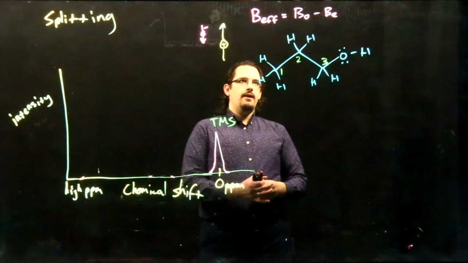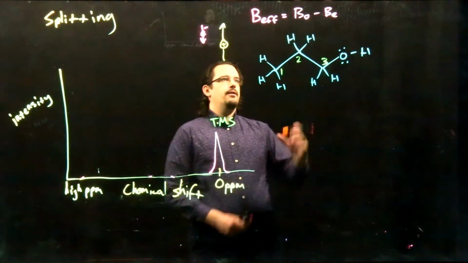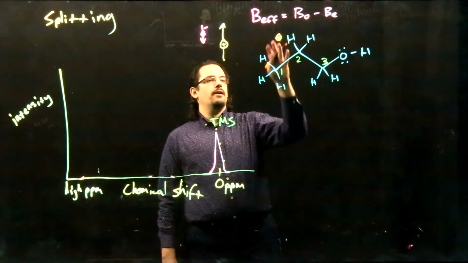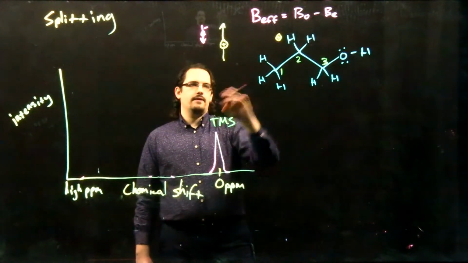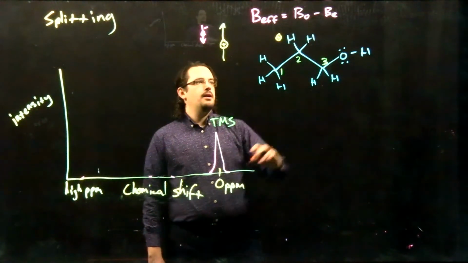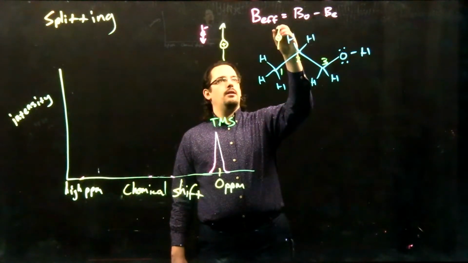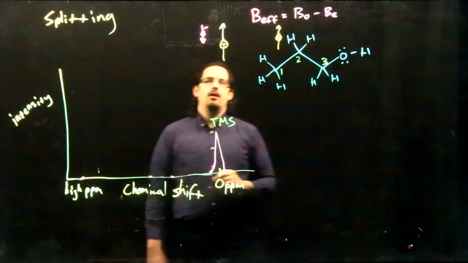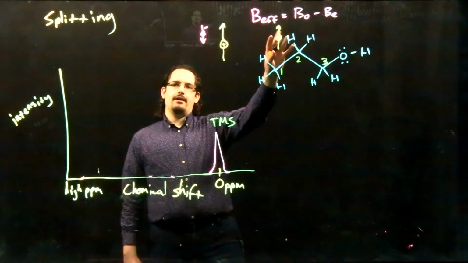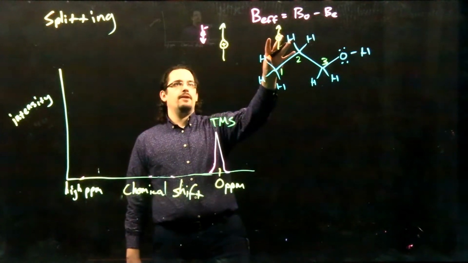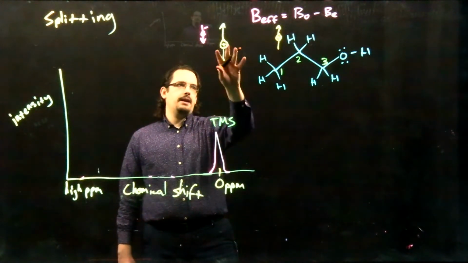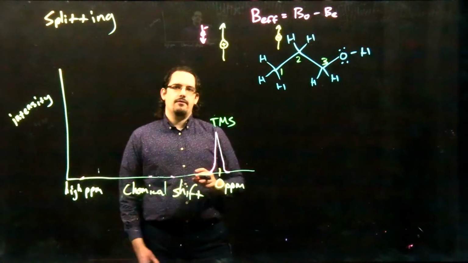But if we look at other hydrogens nearby, so we have these hydrogens over here, all of these essentially look the same in group 1. But now we have these hydrogens over here in group 2 that also have a magnetic field. And this magnetic field can actually influence the magnetic field of my hydrogens over here.